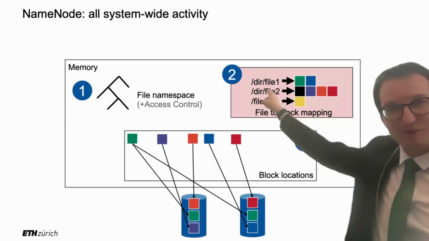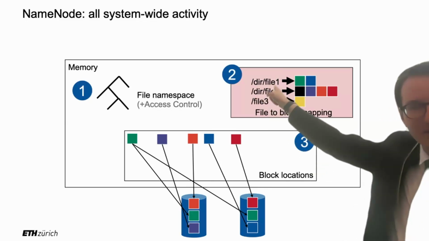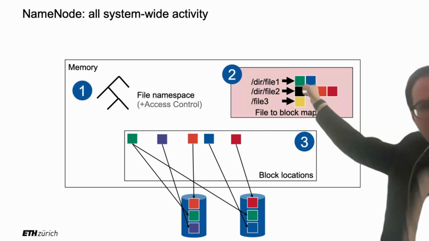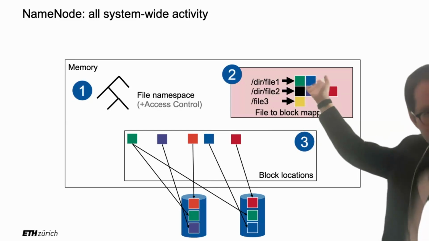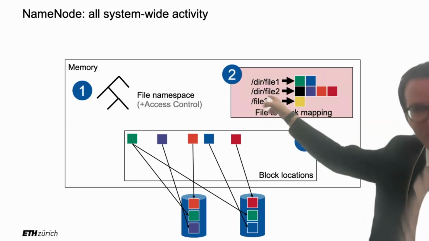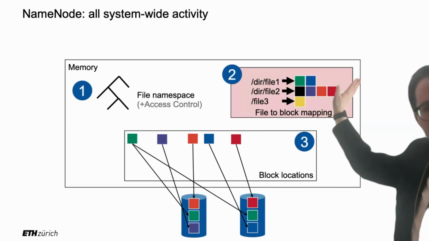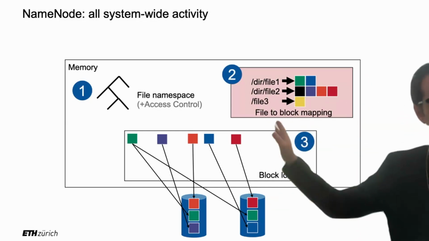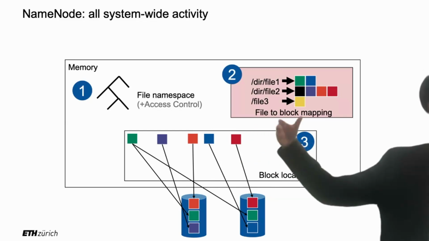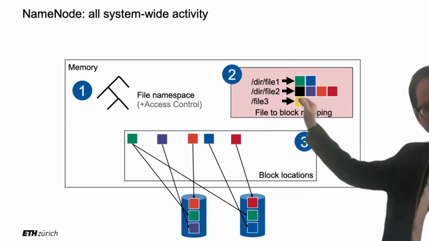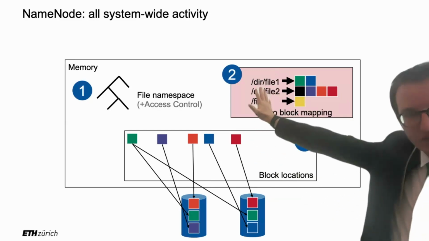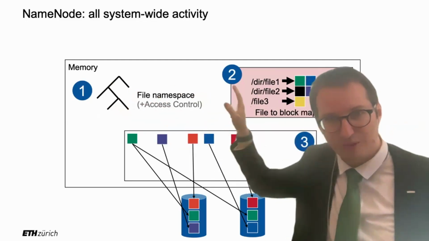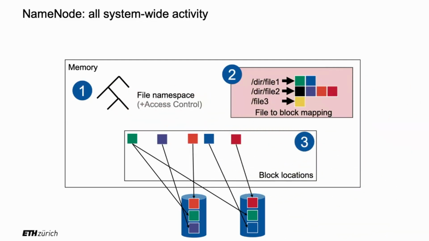The block IDs. So I have here this file that has the green block and the blue block, right? It just knows the identifiers of the blocks. File 2 has the black, purple, orange, and red block, and file 3 is just made of the yellow block, right? In reality, it's not colors. It's going to be more like numbers, but this is the idea. So you map each file, each leaf of that tree, to a sequence of block identifiers.